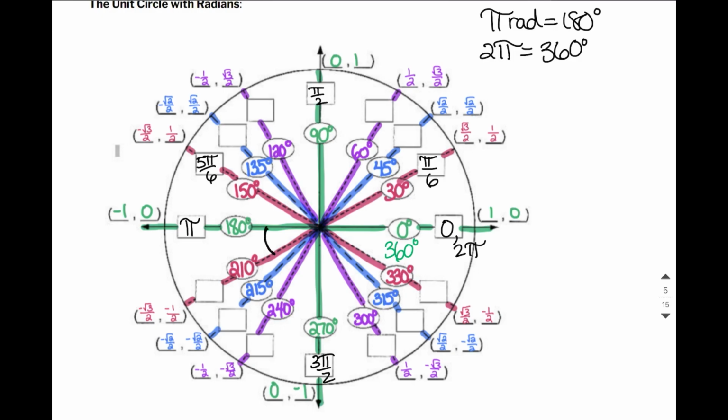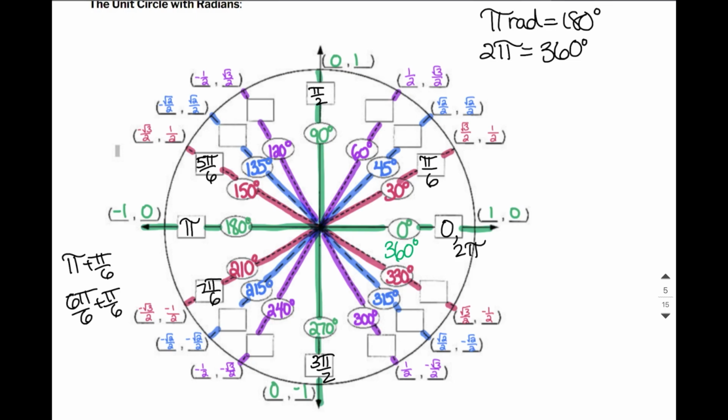Okay, so now for this other pink angle right here, again, our reference angle is pi over 6. It's 30 degrees. So I can say that this is pi over 6 more than pi. Well, pi over 6 more than pi means it's 1 and 1/6, or 6 pi over 6 plus another pi over 6.